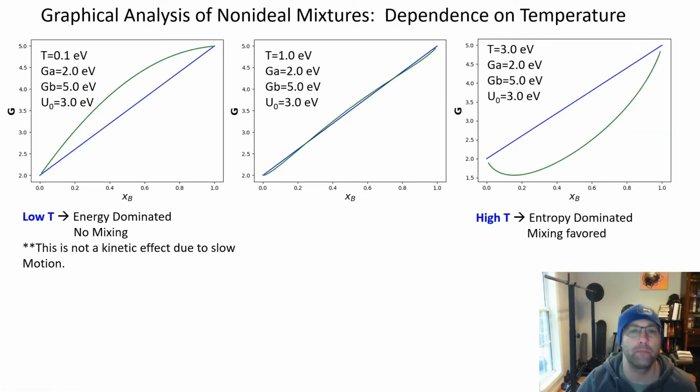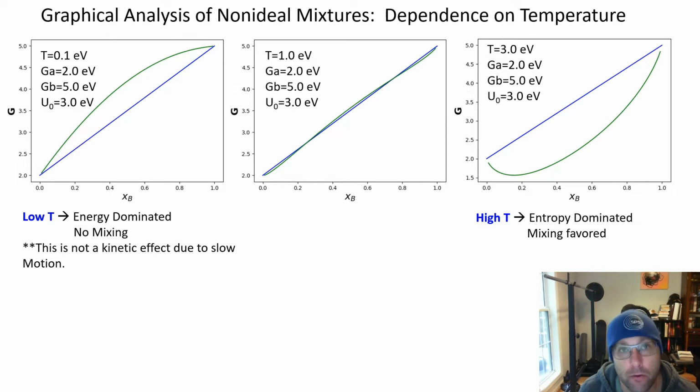All right. So now instead of varying U_0, let's go ahead and vary the temperature. The interaction strength U_0, you would control in your lab essentially by changing the material, right? That U_0 value is determined by what material you chose for A and what material you chose for B. And once you've chosen your materials, you're basically done in our model.